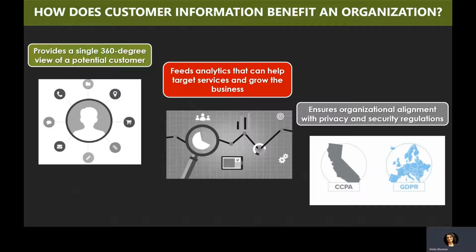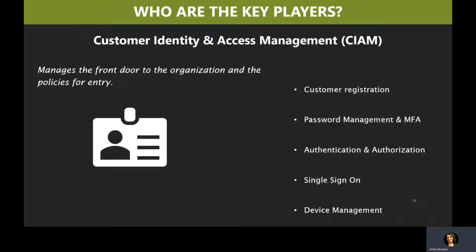On the other side, you've got the security team that wants to recognize this customer when they come back, authenticate them, and then authorize them to access maybe any protected resources that are made available to them. And finally, the third piece of the puzzle is all the regulations, the standards. For example, the California Consumer Protection Act, or GDPR in EU, which protect the data of the customer. All of this has to be taken into account.